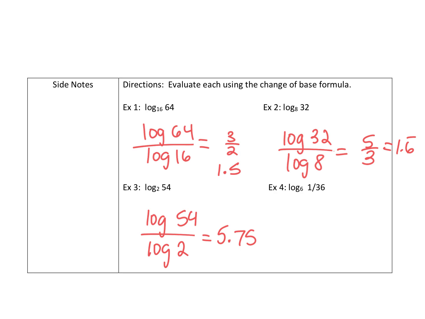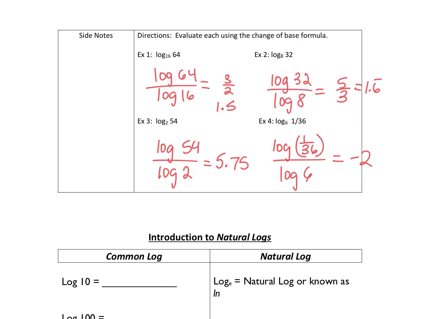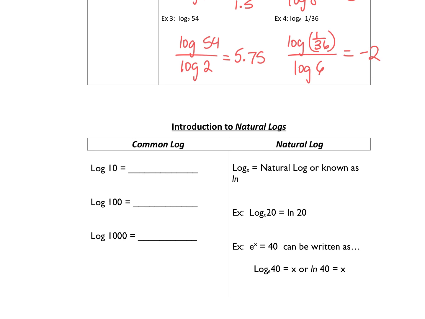Okay, and then lastly, log of 1/36. Type it in as a fraction, put it in parentheses like always. Gotta close those parentheses. So log of 1/36 divided by log 6 is going to give me -2. Okay, so those should be your answers. Ask somebody around you that got them right if you're still stumped. Okay, and now we're moving on.